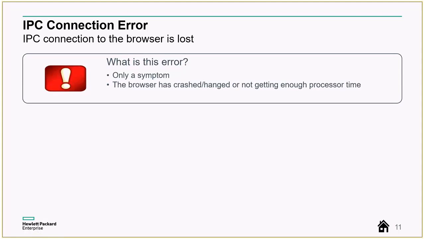MDRV is acting as a server, and it pings every browser every interval. And if the browser is not responsive to this call from MDRV, or MDRV is not getting a ping from the browser saying, here I am, I'm alive, then it thinks that the browser is a zombie process, and instead of just keeping a zombie process in the operating system alive, MDRV decides to kill it.